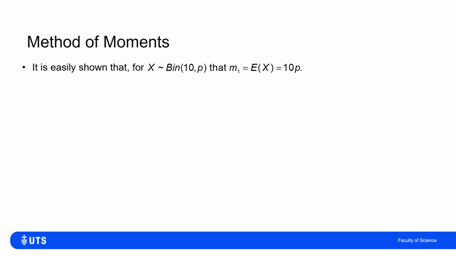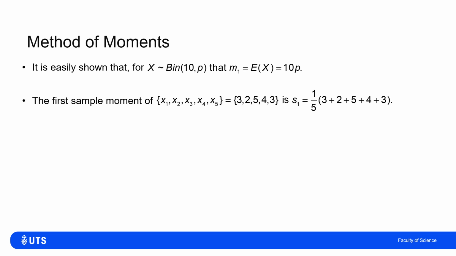Now, in this case, there's only one unknown parameter, P, so I only need to work with one moment. The expected value of X, a binomial with parameters 10 and P, is just 10p.